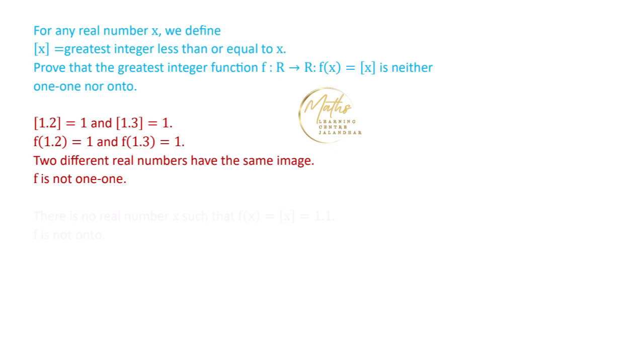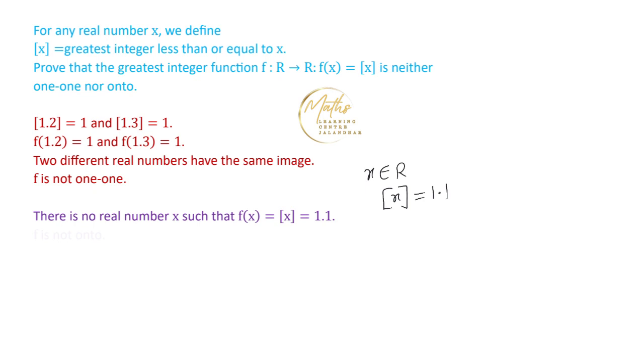We want to find a real number x such that the greatest integer of that real number is equal to 1.1, and we can clearly see that there is no real number x such that f(x), that is the greatest integer of x, is equal to 1.1. It means that there is an element in the codomain which has no pre-image.